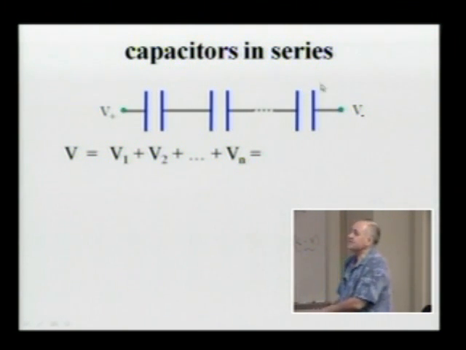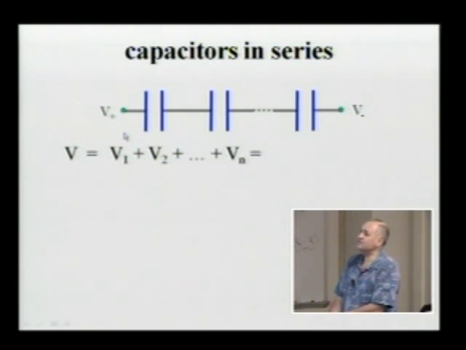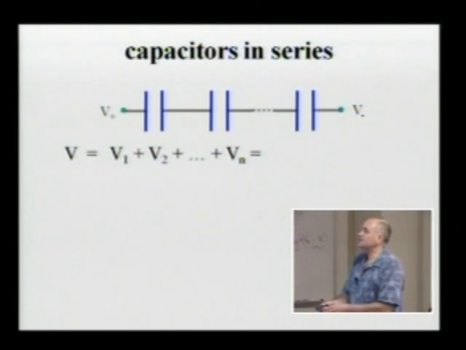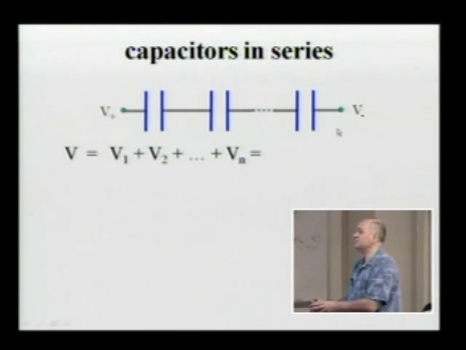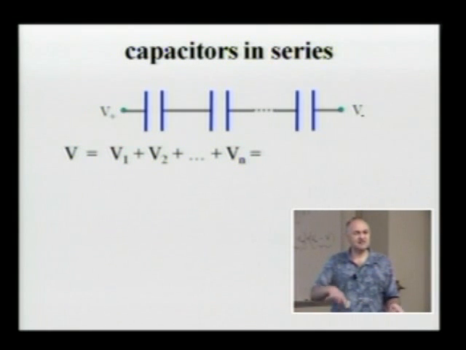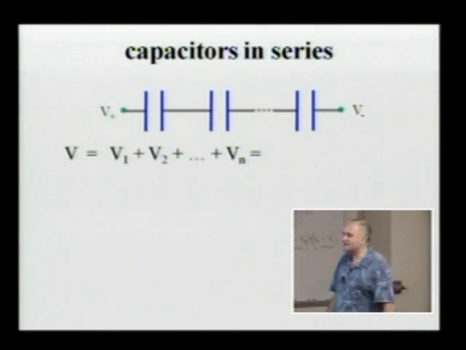Minus Q. All right, so now if I look at this system as a box, what charge is on the left-hand side? Q. What charge is on the right-hand side of the system? Minus Q. How much charge was transferred from one side to the other? Q. Correct.